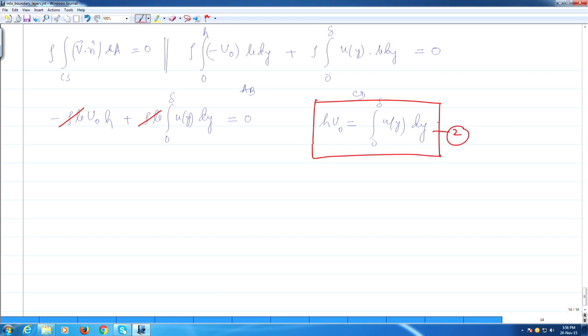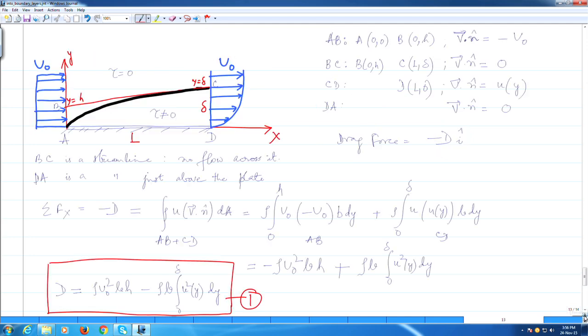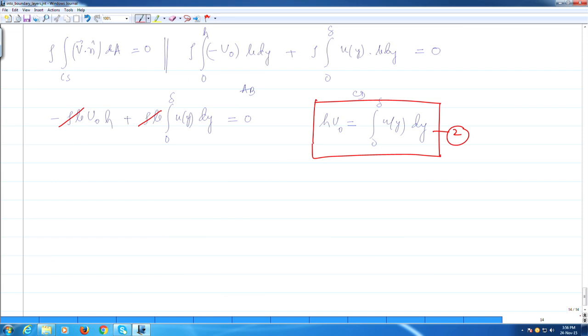So, we needed an expression for h into u naught. Let's insert what we get there into this, or rather use 2 in 1.